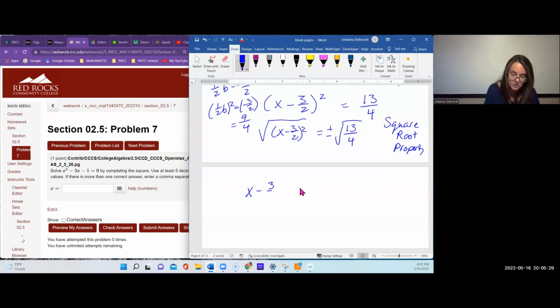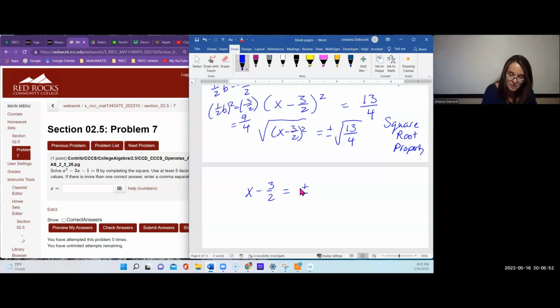On the right side, however, we have a fraction under the radical. We can think of division as a form of multiplication, and we know that we can split up radicals among things that are multiplied or divided. Not, however, addition or subtraction. Those don't work.